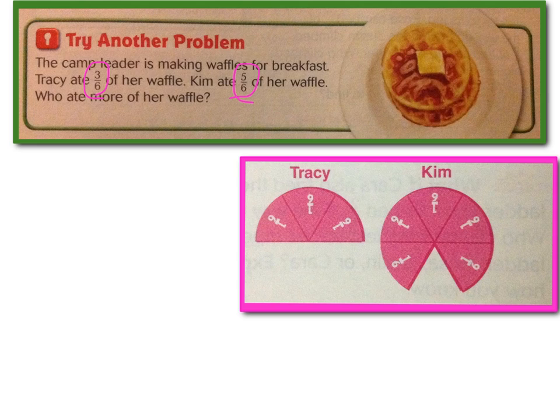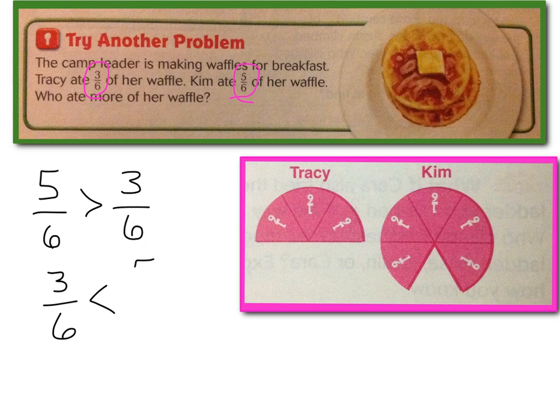To compare these fractions, I would write 5/6 is greater than 3/6, or I would write 3/6 is less than 5/6. How would we know that 5/6 is greater than 3/6 without using the models?